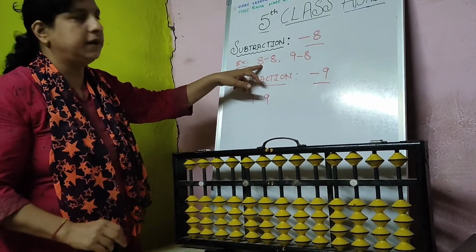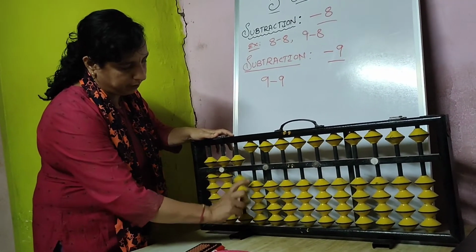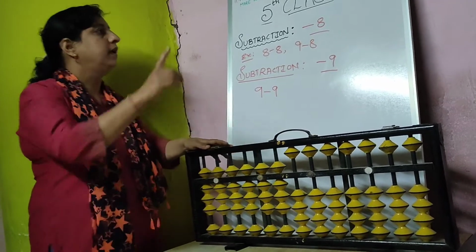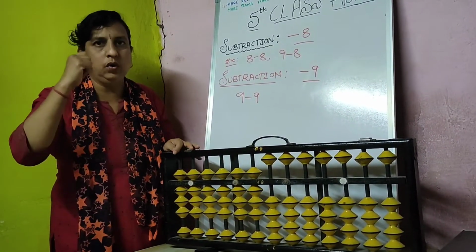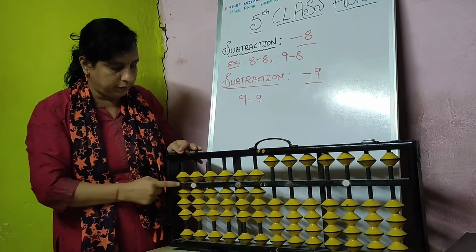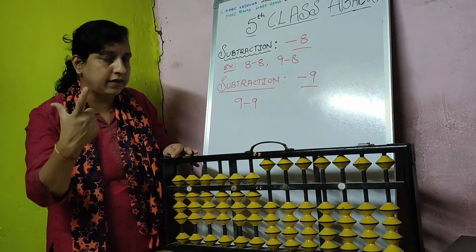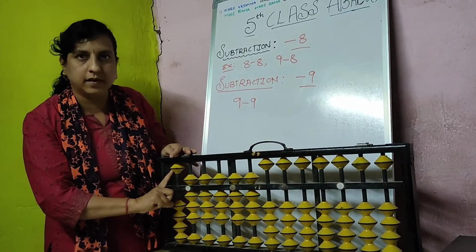So first example is 8 minus 8. 8 you know how to do. 1 upper bit, 3 lower bit. You say 8 and do it in your small abacus. Then minus 8. Minus 8 means you have to separate that 8 from the divider. 1 upper bit, 3 lower bit, you have to cancel. First keep your finger on that and then separate it like this.